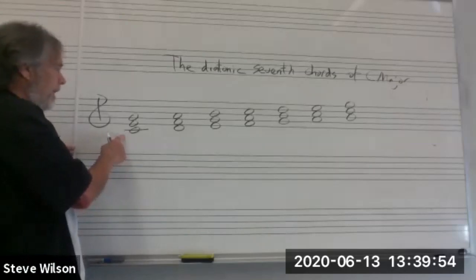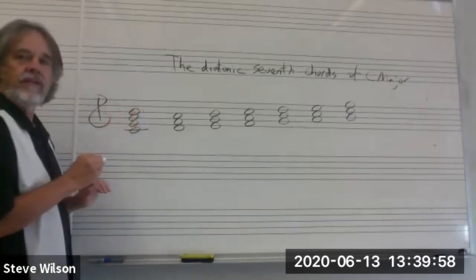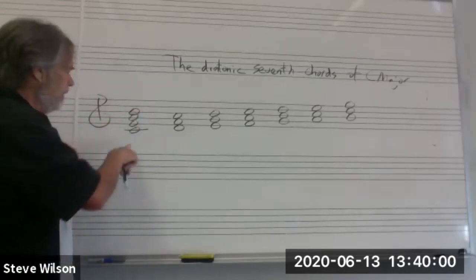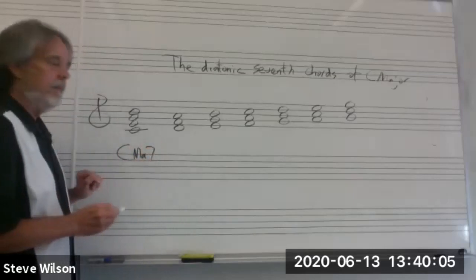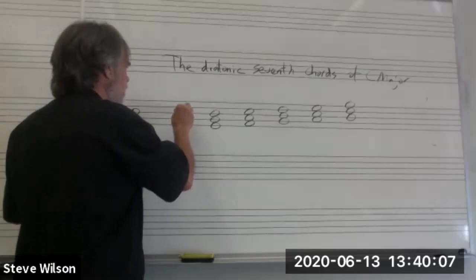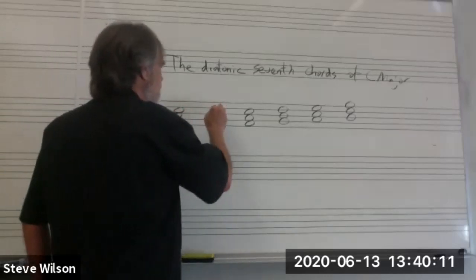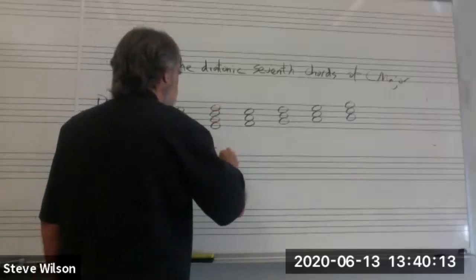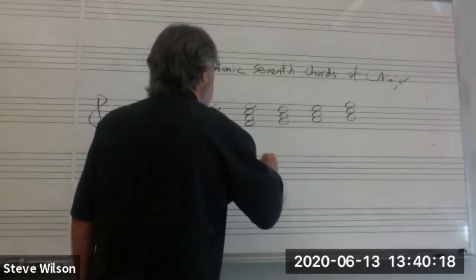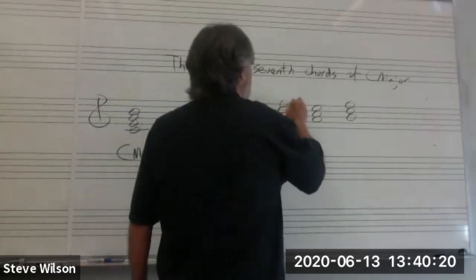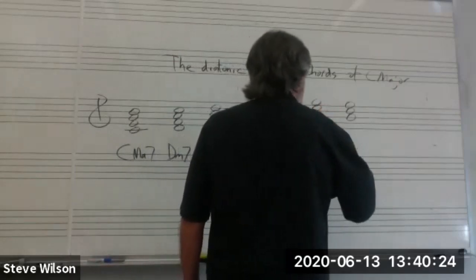If I build a triad on each one of those, and I add a 7th to each one, an interesting thing happens. This is a major 7th. The 2 chord, or D minor, is a minor 7th. 3 is a minor seventh. 4 is a major seventh. 5 is a dominant seventh. 6 is a minor seventh.